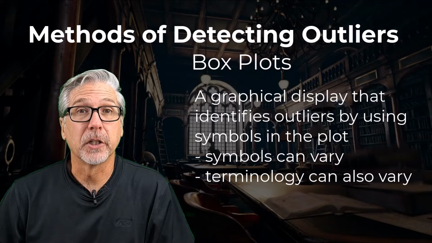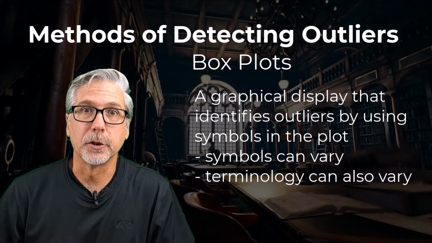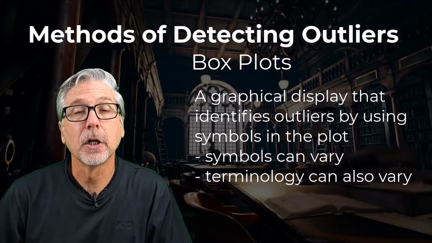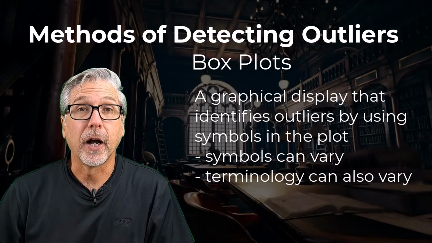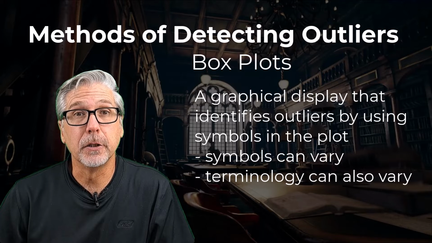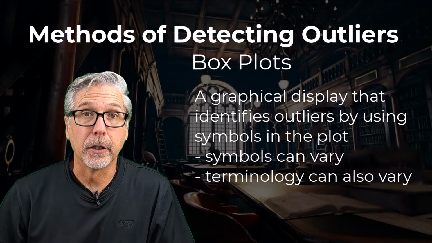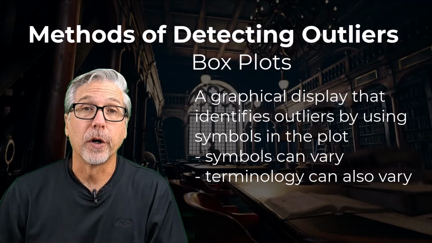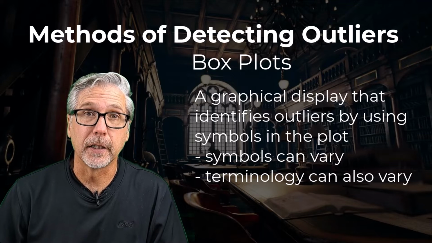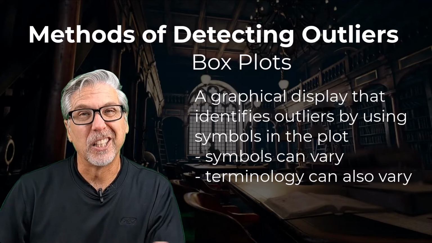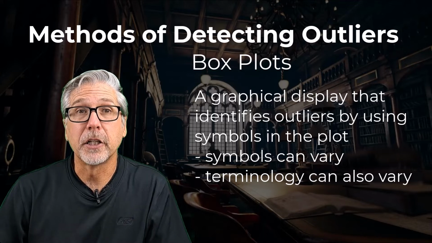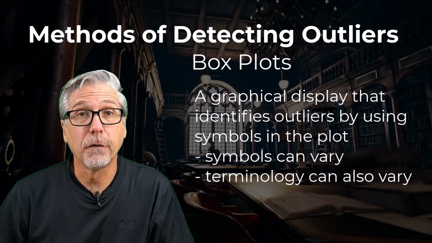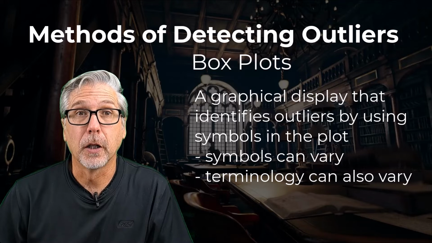Sometimes people will use terms like outliers or suspect outliers or even highly suspect outliers to identify whether an observation falls far away or not. When I work with z-scores, I typically use the terminology outliers or they're not outliers. When I work with box plots, I use suspect outliers, and instead of using highly suspect, I just use the phrase outliers. Be ready to adapt the terminology that is used in your field or the teacher in your class.